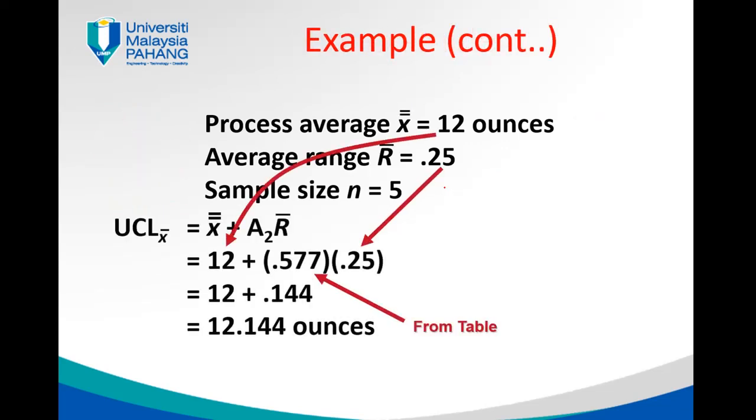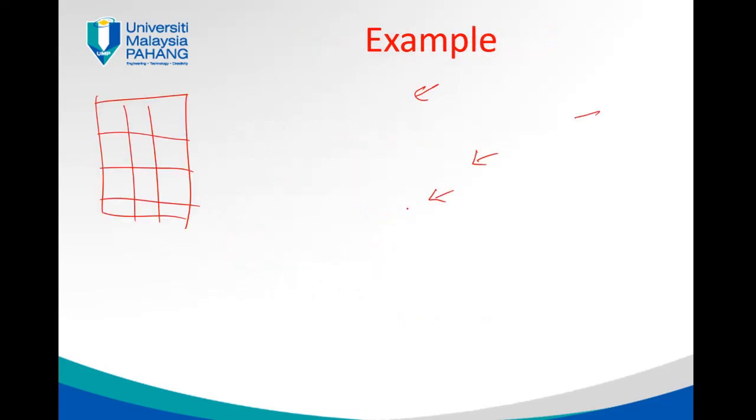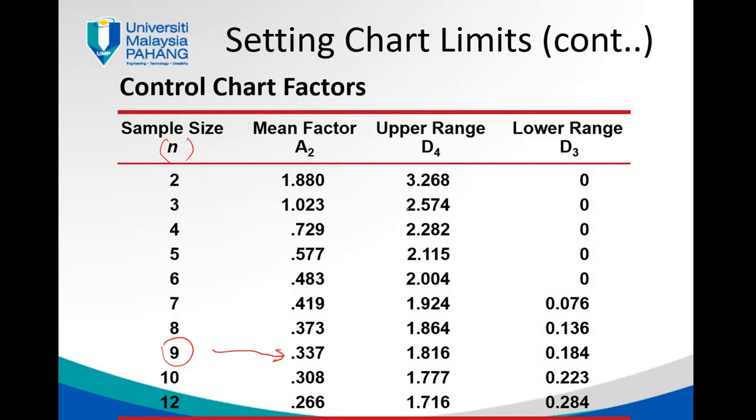For the upper control limit: x double bar, 12, plus A2 times R bar, which is 0.25. For A2, we refer to the table with n equal to 5, and the A2 value when n equals 5 is 0.577.